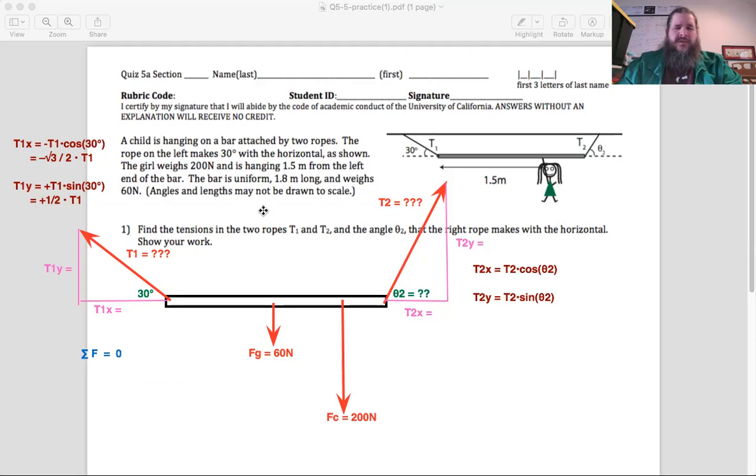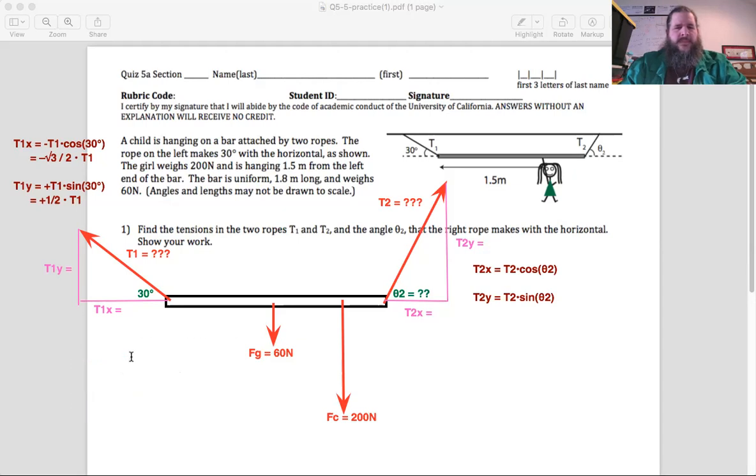And since this is a 2-dimensional problem, the force equation is really 2 equations. The forces in the x direction add up to 0, and separately the forces in the y direction add up to 0. So we can split this into a force x component equation and separately a force y component equation. So if we list out all the forces with x components, what are the only forces with x components here?